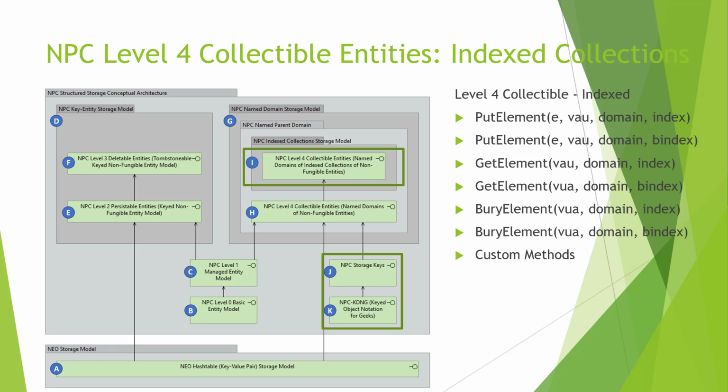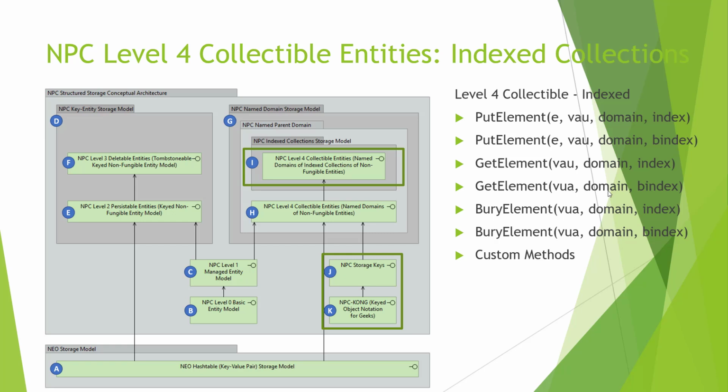The next level up is still technically within level 4, and this is where we support the put element methods. And put element really means put an element of the collection or an element of the array. So you can provide integer indices, you can provide byte array indices, which in effect also supports strings.